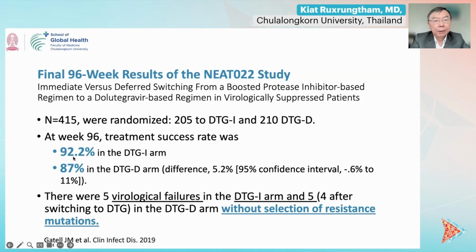And you look at the result at week 96. Above 90% of both arms have virological success. And again, resistance in the treatment failure of these 10 individuals is not detectable. So again, resistance in virological failure to DTG-based regimens is rare.